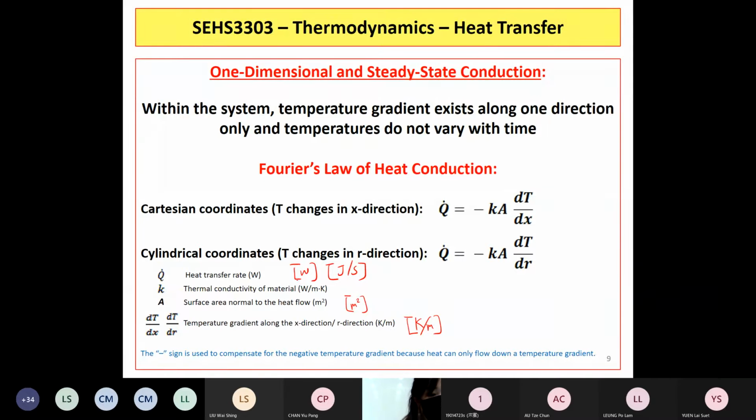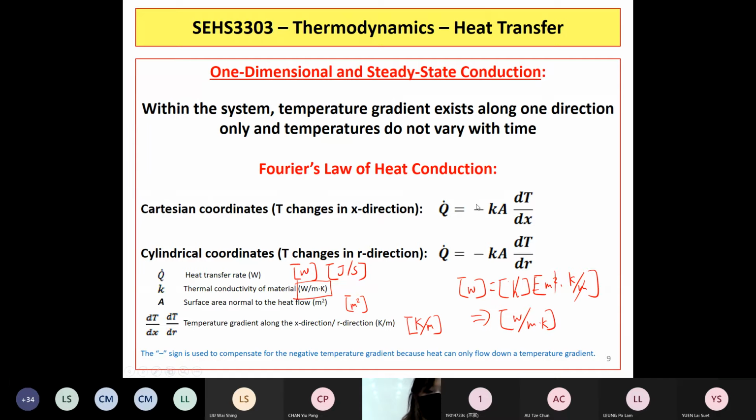And the unit for K should be watt over meter times K.